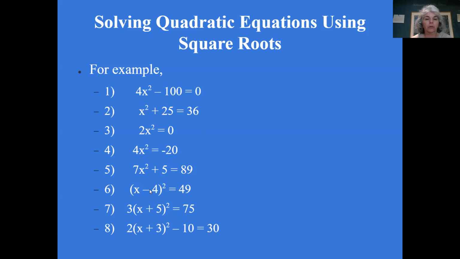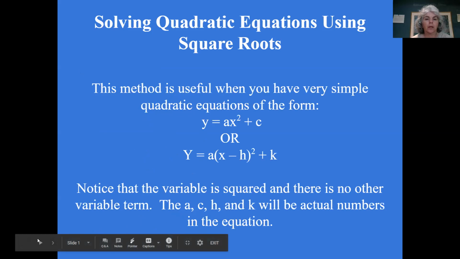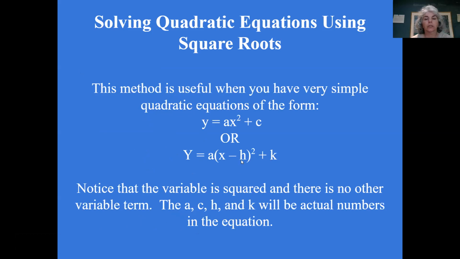Vertex form, remember, is called that because you can see the vertex. If I go back to the previous slide, let me go back. Here, this tells you the vertex. This number here is the x coordinate of the vertex. This is the y coordinate of the vertex. (h, k) would be the vertex.